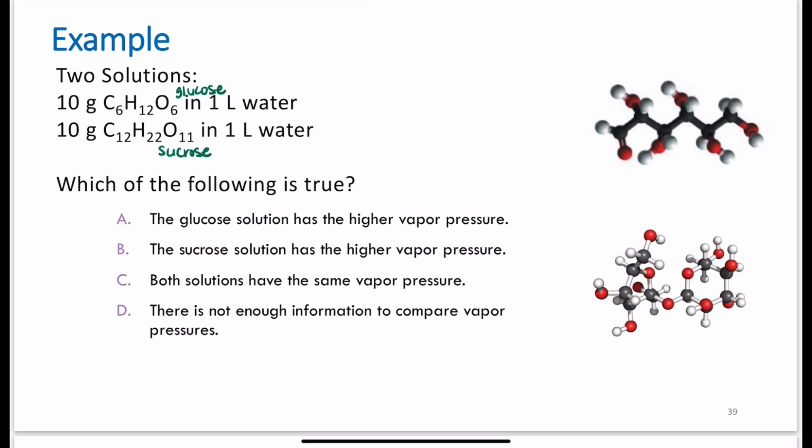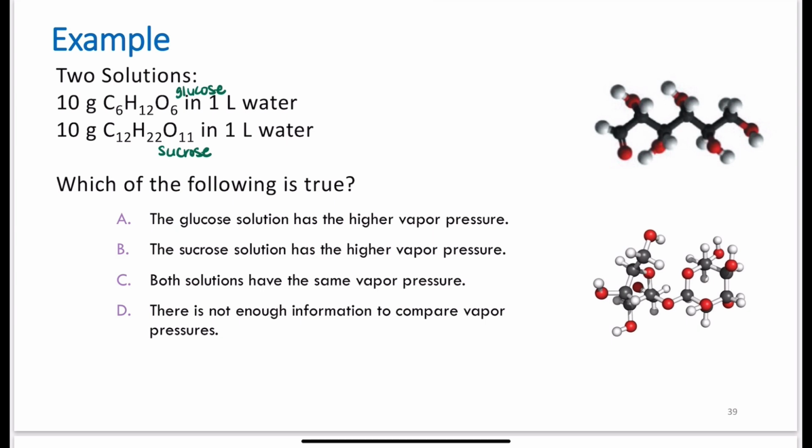Because grams does not mean moles. Moles means number of things. 1 mole of water is not the same grams as 1 mole of oxygen gas. 1 mole of water is 18.02 grams. 1 mole of oxygen gas is 32 grams, okay?